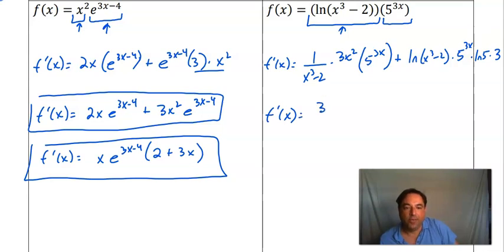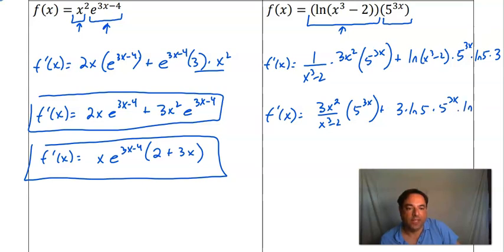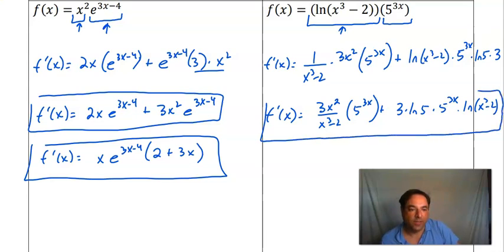So maybe have 3x squared over x cubed minus 2 times 5 raised to the 3x plus, there's really not much you can do, but I can put all those in front. So for example, I can say 3 times ln of 5 times 5 raised to the 3x times ln of x cubed minus 2. It's a little bit nicer in that order, but either way is fine.